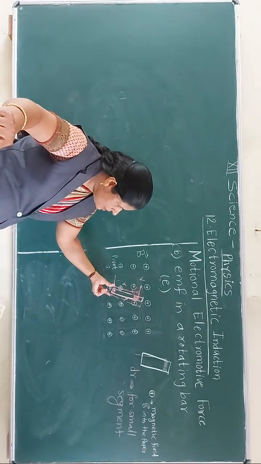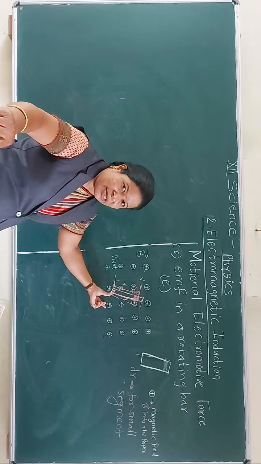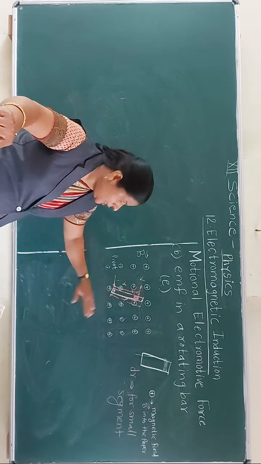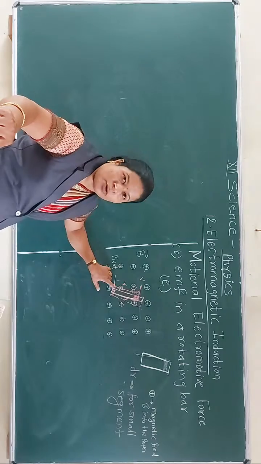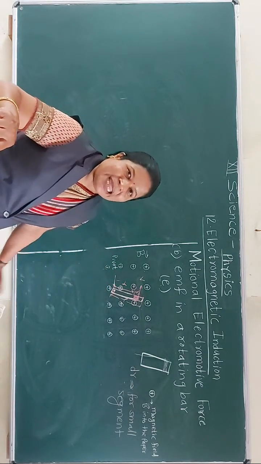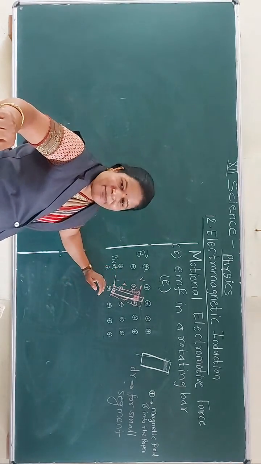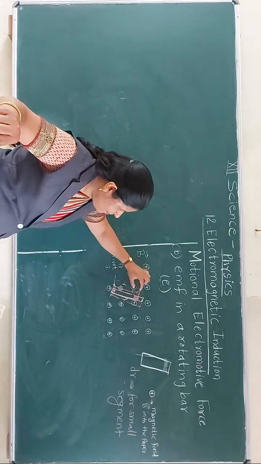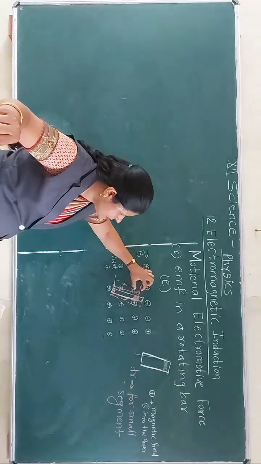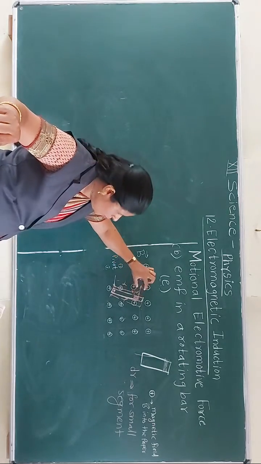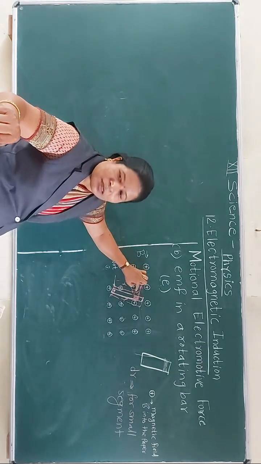When this conducting bar is rotating, the EMF is induced in that rotating bar. By imagining, we have to imagine all such segments, this small segment we call dr.